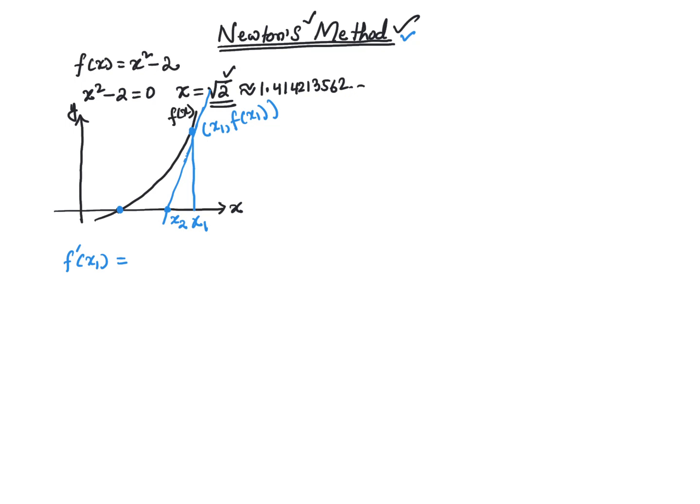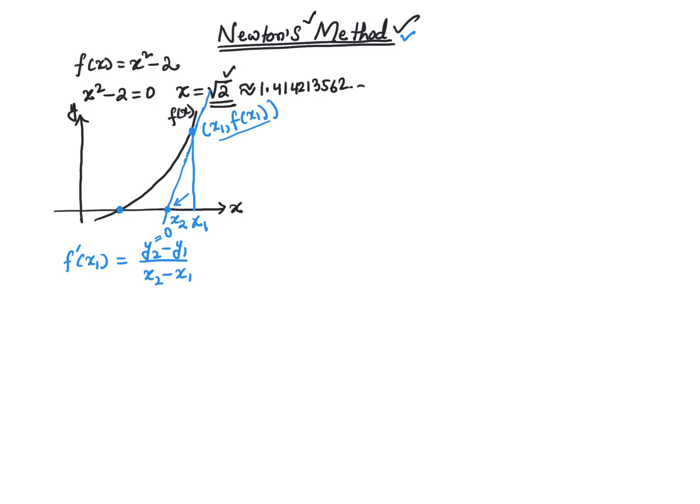It's a straight line, so the slope must be y2 minus y1 divided by x2 minus x1. Now, note that my x1, y1 is this, okay? But the tangent line intersects the x-axis right here, so at point x2. So at that point, my y2 is going to be nothing but 0.